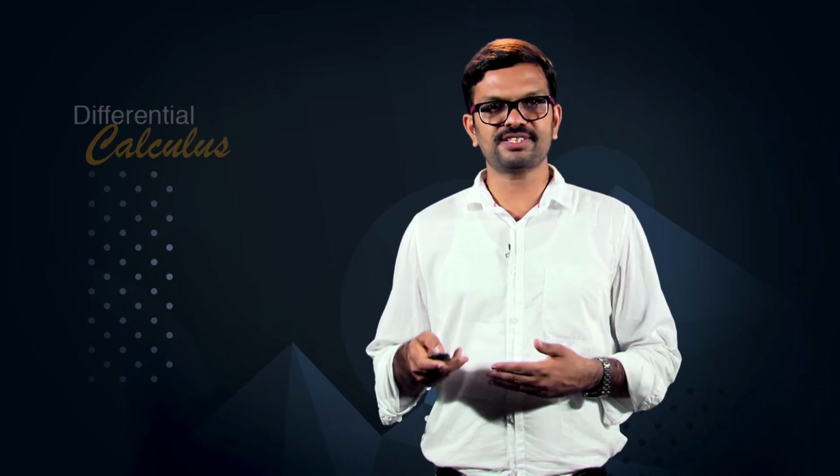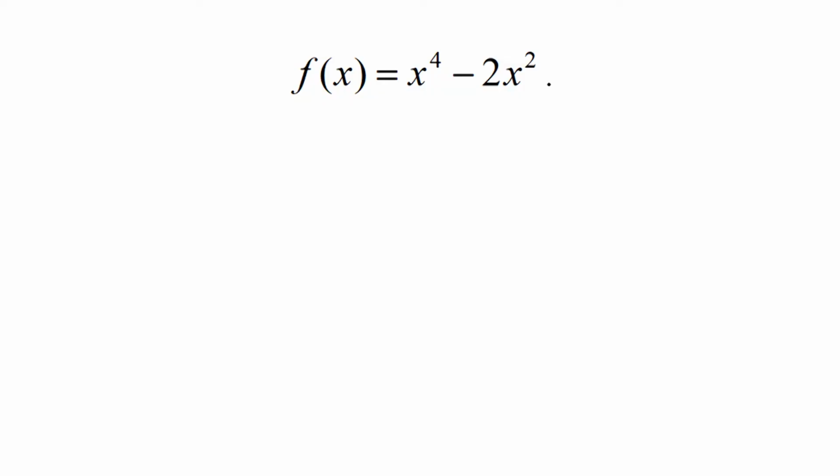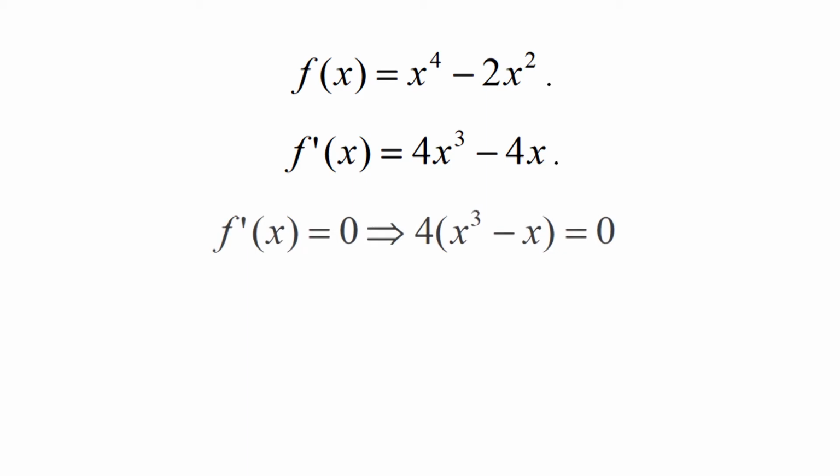Let us now analyze the increasing and decreasing nature of f(x) equal to x to the power 4 minus 2x squared. Differentiating with respect to x, we obtain f'(x) equal to 4x cubed minus 4x. Now, f'(x) equal to 0 implies 4 times x cubed minus x equal to 0, which gives x(x minus 1)(x plus 1) equal to 0.